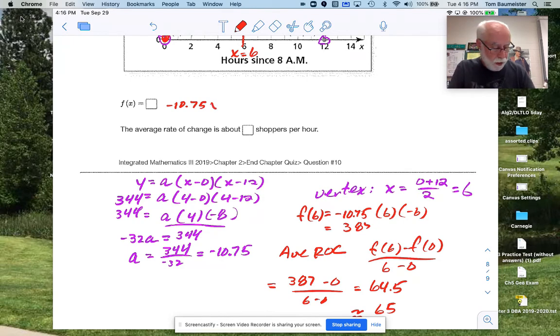So if it did, I would just go ahead, if it's at the origin 0, 0, just leave it as x times x minus 12. And we just found out that the average rate of change as it is increasing is about 65 shoppers per hour.